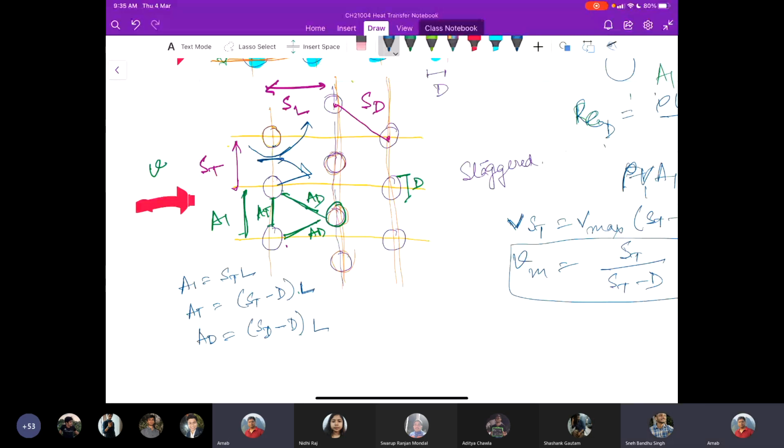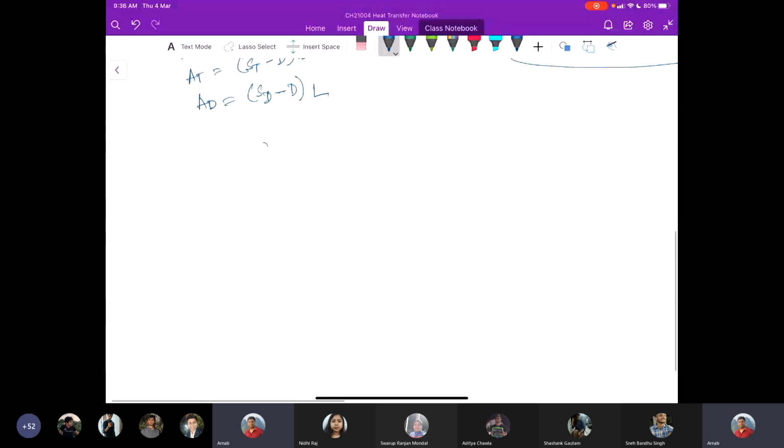So you understand this flow path, right? When you have two closely spaced tube banks or tubes, the flow wrapping is something like this, right? Yes, sir. Okay, and then here you have this kind of staggered arrangement.